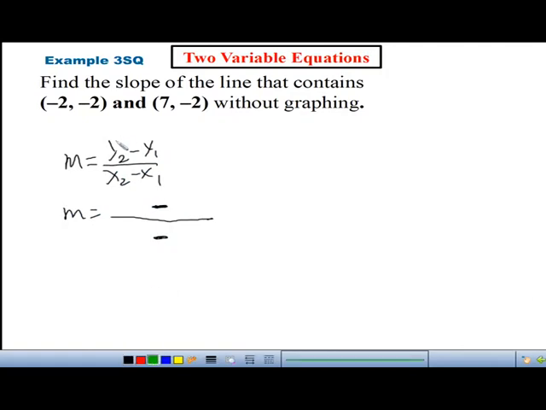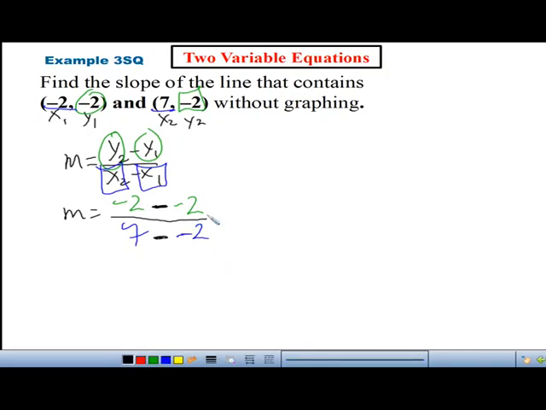And I'm going to start with the numerator, y sub 2. Oh, let me label this, sorry. Skipping steps. X sub 1, y sub 1, x sub 2, y sub 2. So y sub 2 is negative 2. Y sub 1 is also negative 2. Let me go to x sub 2. X sub 2 is 7. And x sub 1 is negative 2.